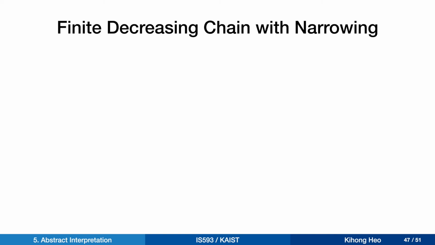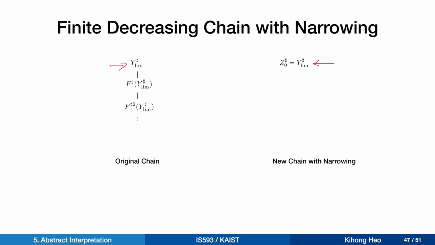Then let's take a look at how narrowing works. Suppose there exists a chain of the semantic function f sharp starting from the widening result here. This chain will be infinitely long. The new chain with narrowing is defined as follows. The first element is actually the widening result.